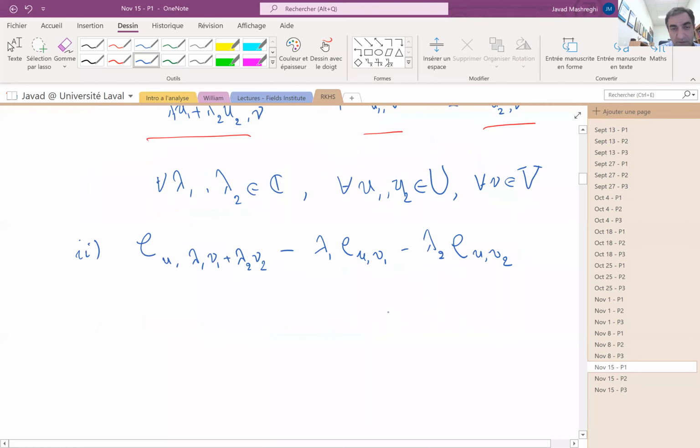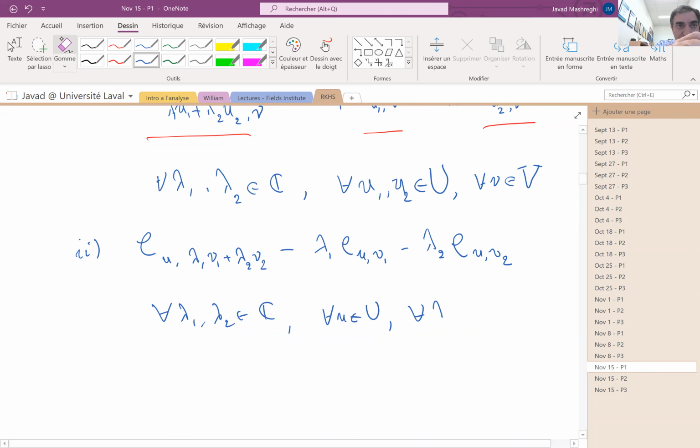And I mean, the same for all lambda 1, lambda 2 in C, for any choice of U, and for any choice of V1, V2 in V. So again, a lot of freedom here.